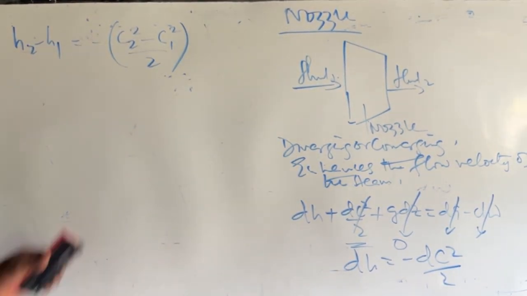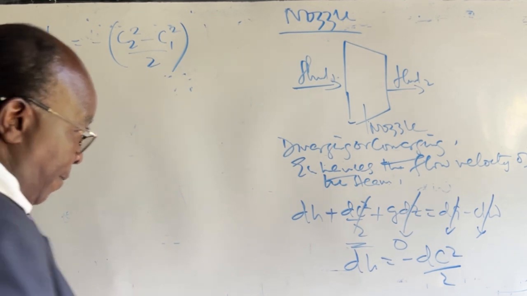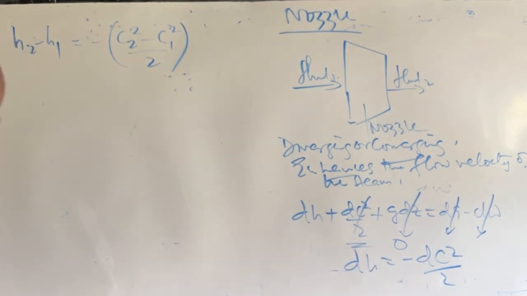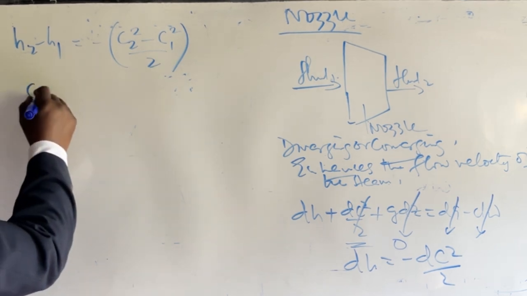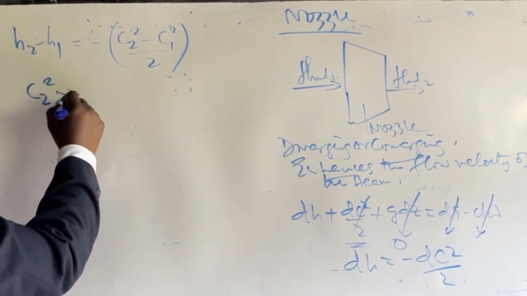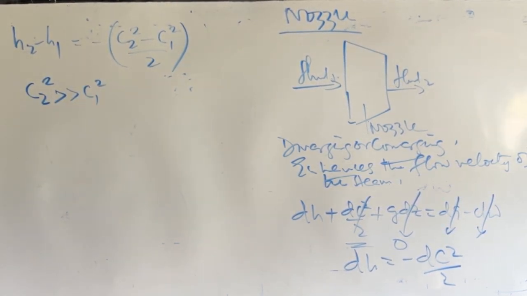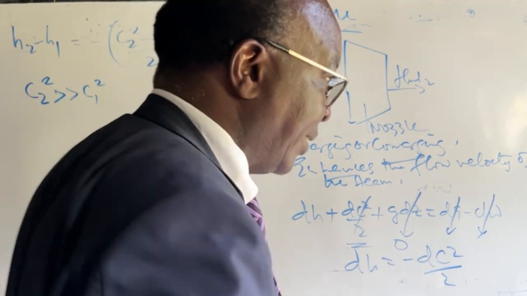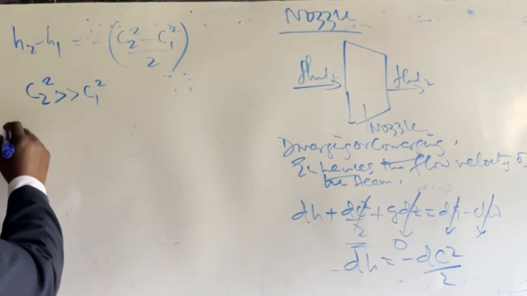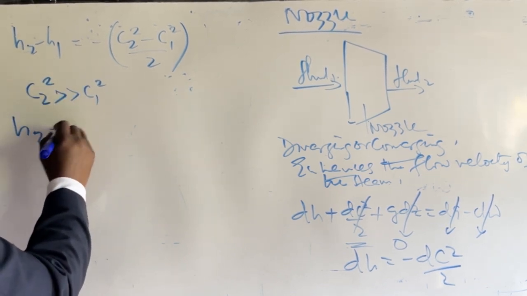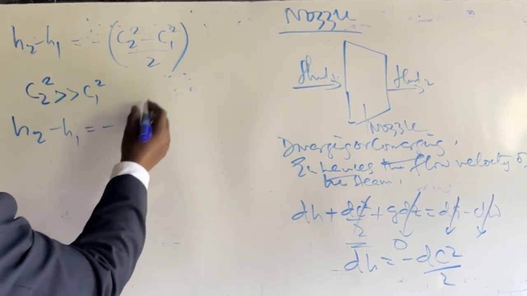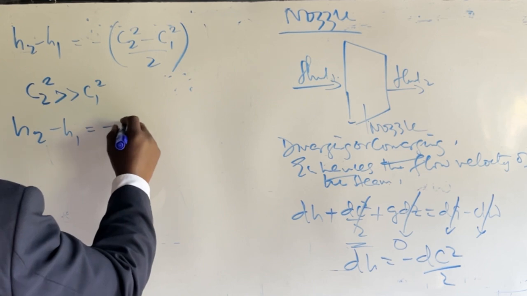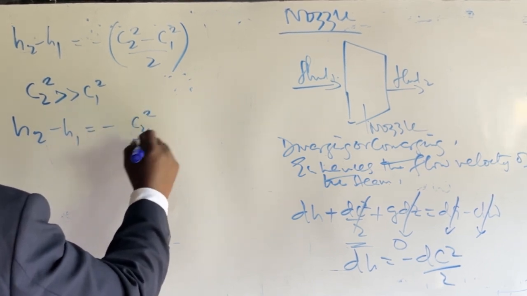And if we assume that the exit velocity is very high, that C2 squared is much greater than C1 squared, because remember it has gone through the nozzle and the velocity has been enhanced, then you'll have H2 minus H1 is equal to minus C2 squared over 2.